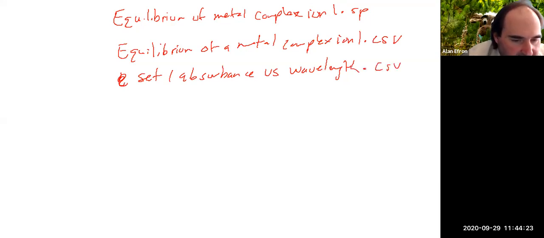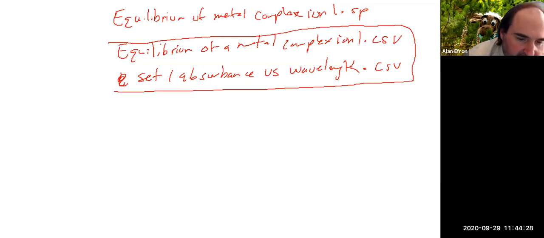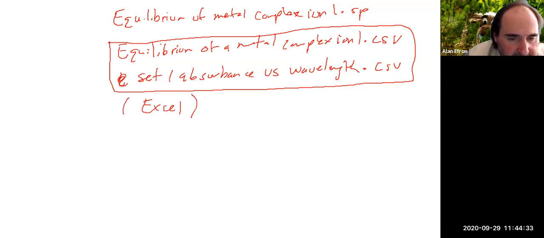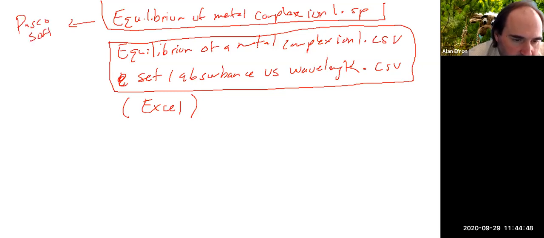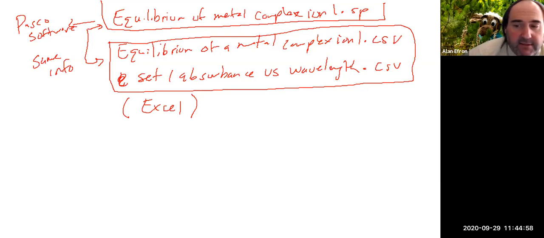So just so we're clear, these 2 files here, the ones with the dot CSV, they are to be used in Excel if you want to use Excel. The file up here with the SP, that is to be used with the Pasco software. Both of these files contain the same information. So it's just whichever way you want to analyze these files.